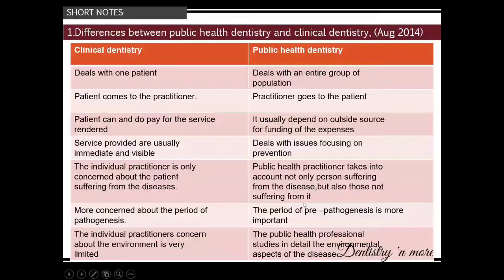That is, apparently healthy people are also taken into consideration. The individual practitioner is more concerned about the period of pathogenesis, but public health dentistry focuses on pre-pathogenesis, that is, the disease has not yet occurred. The individual practitioner's concern about the environment is very limited, but the public health professional studies in detail the environmental aspect of the disease.